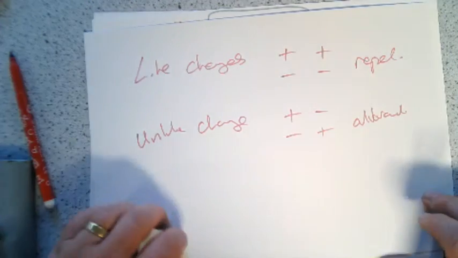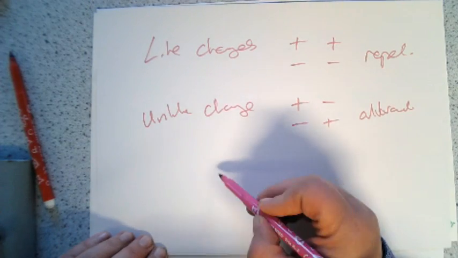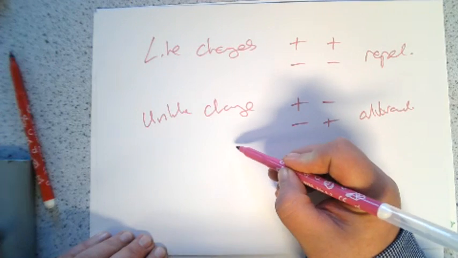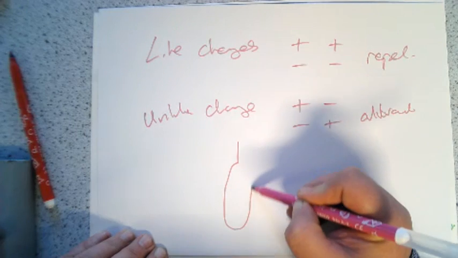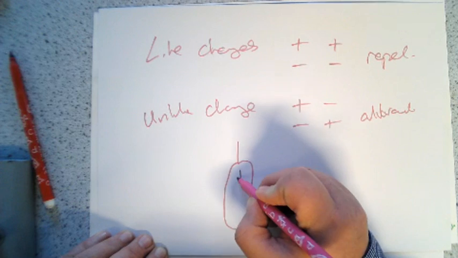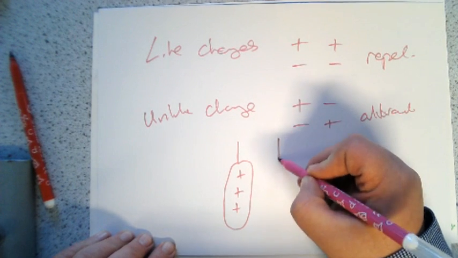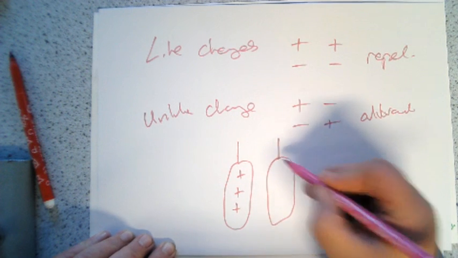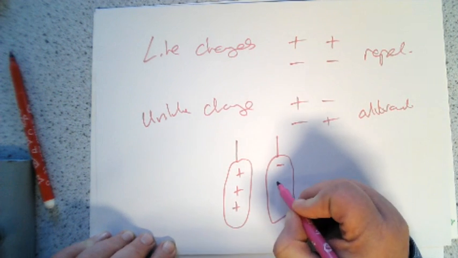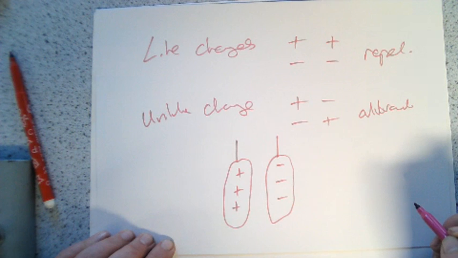So one of the things that they could actually ask you in the exam, they could say, I've got two rods here. Rod one is positive, and it's brought close to rod two, and my second rod is negative. Can you explain what happens?